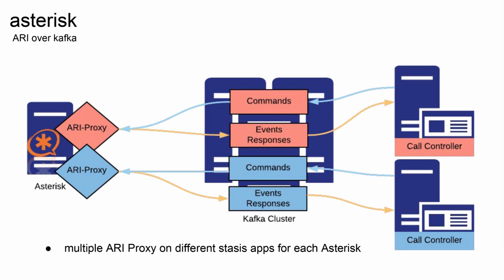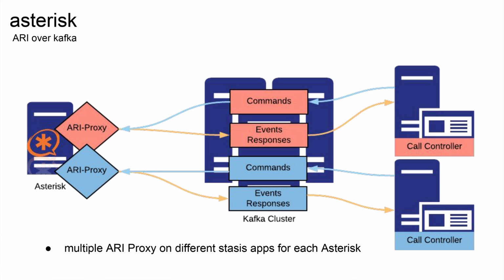So if we have two ARI proxies running on one Asterisk connected to two Stasis apps, then our dial plan would have one line more, something like that. We have commands and responses topics for each and every ARI proxy on an Asterisk.